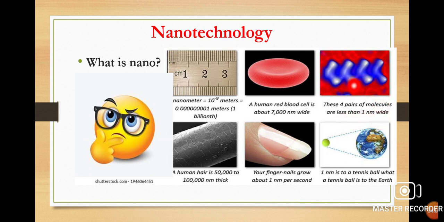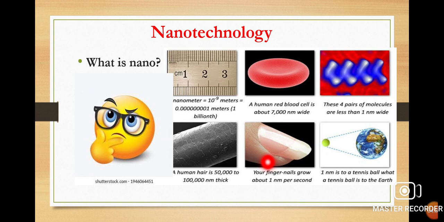Now imagine the nanoscale by observing these figures. This figure shows a human hair, which is 50,000 to 1 lakh nanometers thick. Observe carefully and imagine what nano is. This is very interesting.